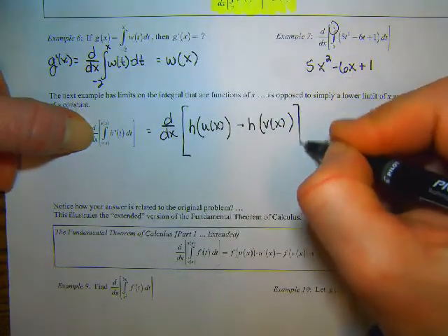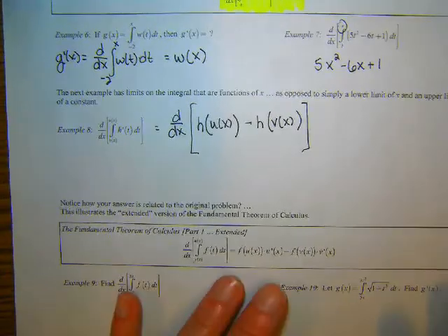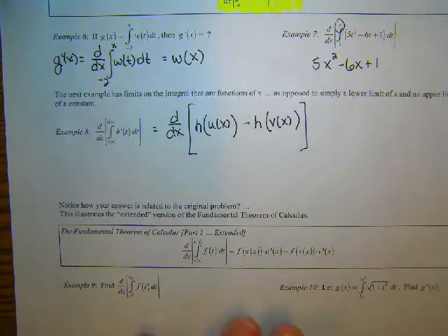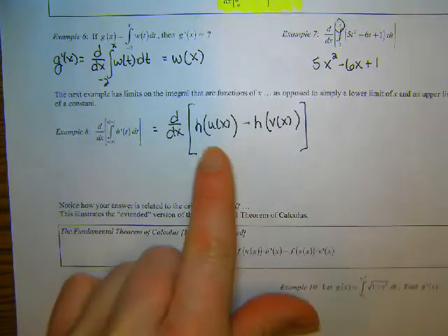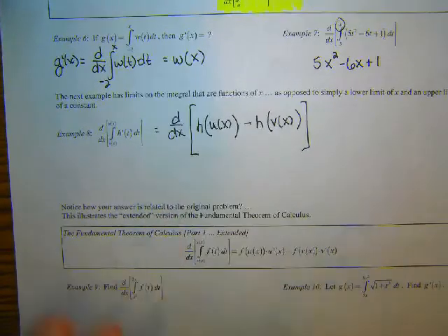Let's see if the same thing happens. Okay, now let's take the derivative of each thing. I have a function within a function. What's the derivative of h of u of x?